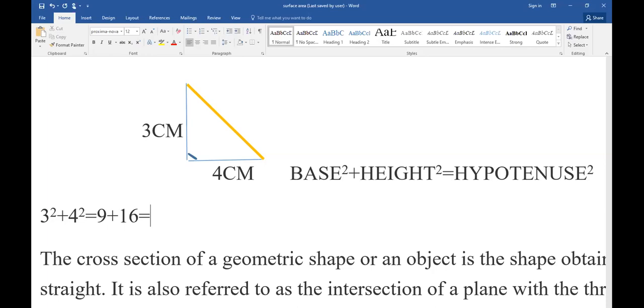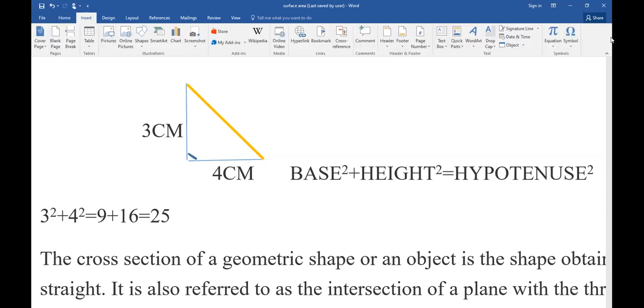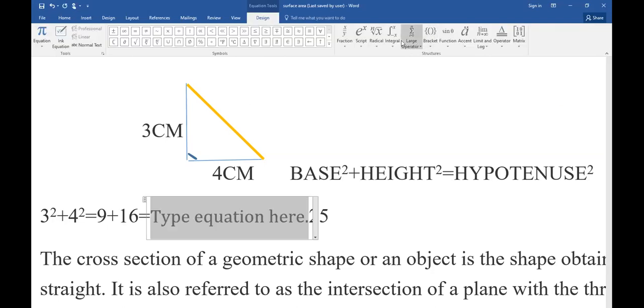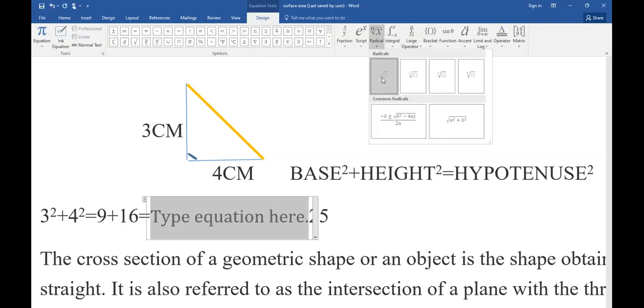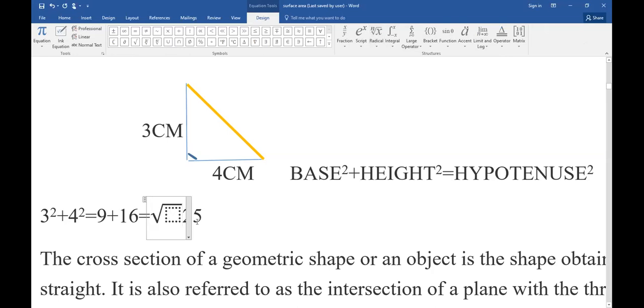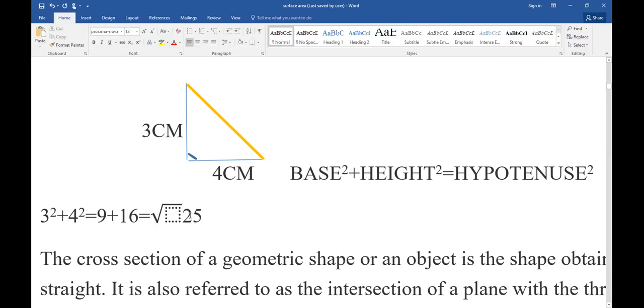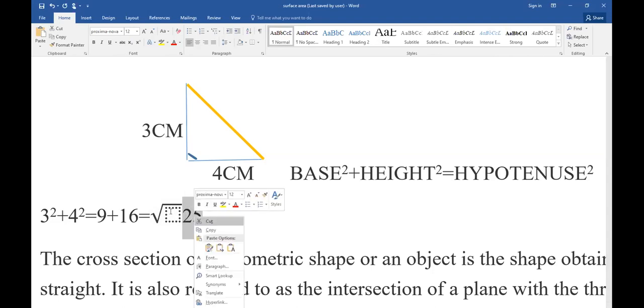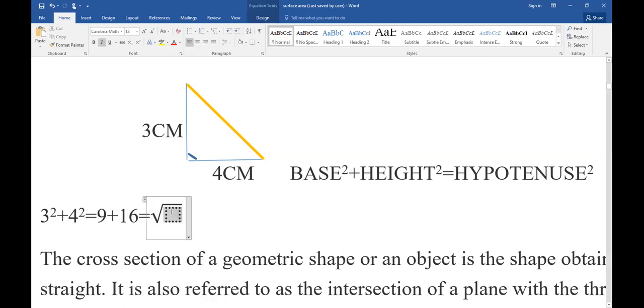So this one is going to give us 25. If you find the square root of 25, we know very well it is 5.